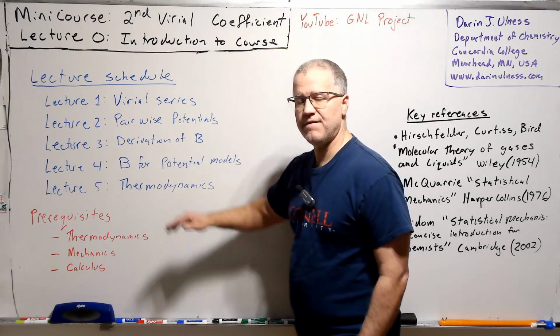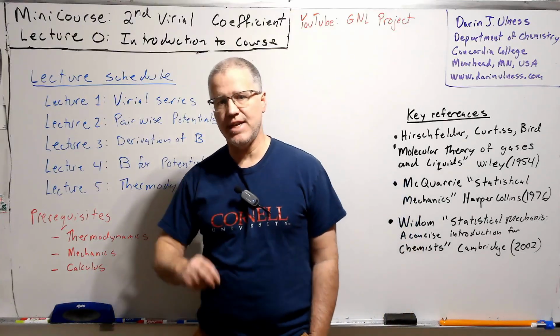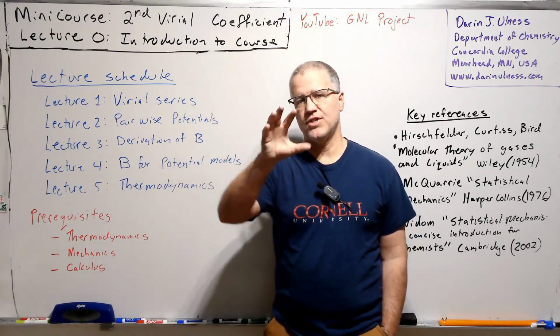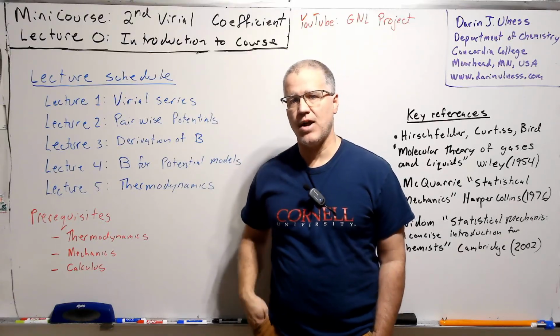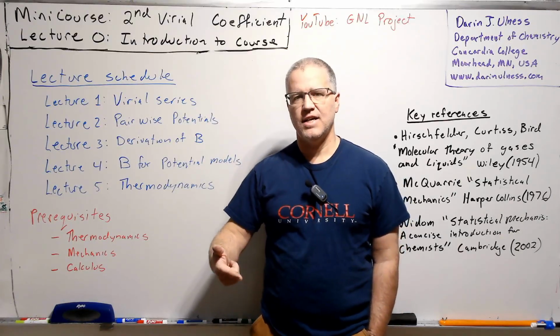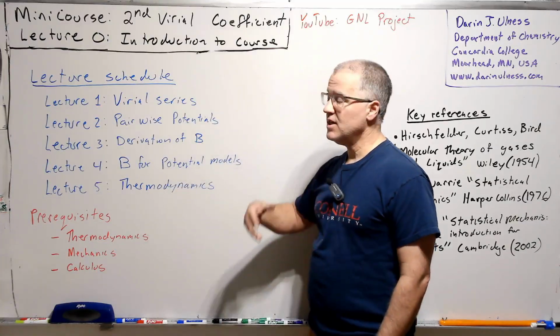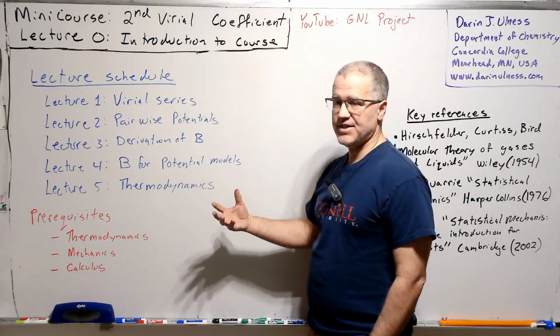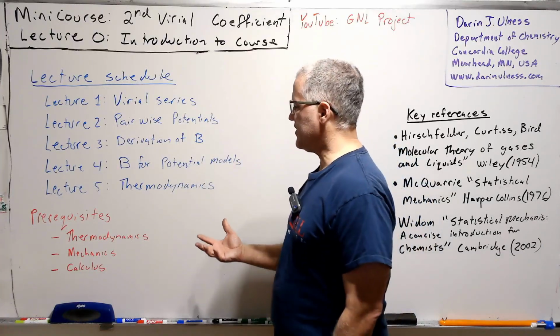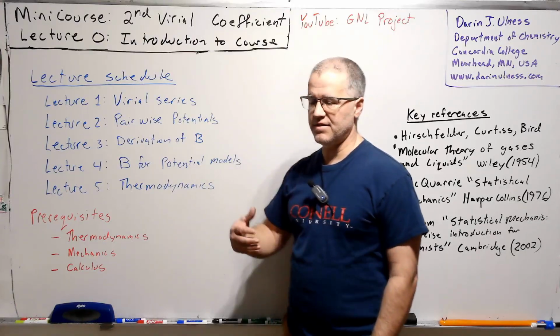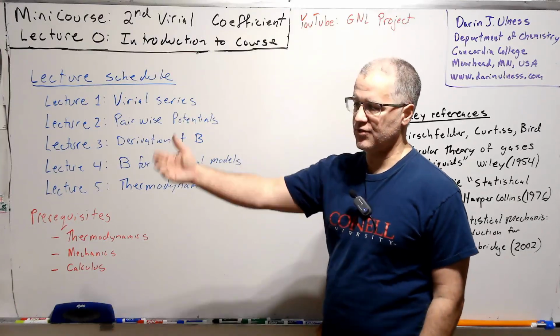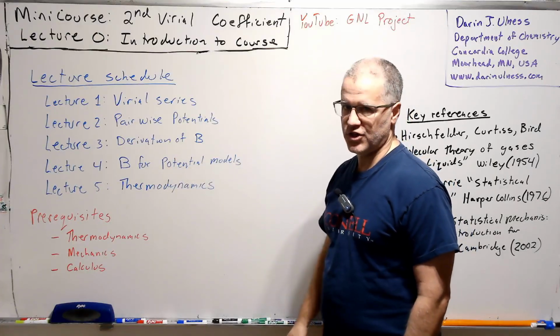And then in 5, we will be able to connect the second virial coefficient to the thermodynamic properties. So Helmholtz free energy, internal energy, entropy, chemical potential. We'll look at fugacity and the relationship between real gases and ideal gases based on the fugacity and the fugacity coefficient, and how that's related to the second virial coefficient.